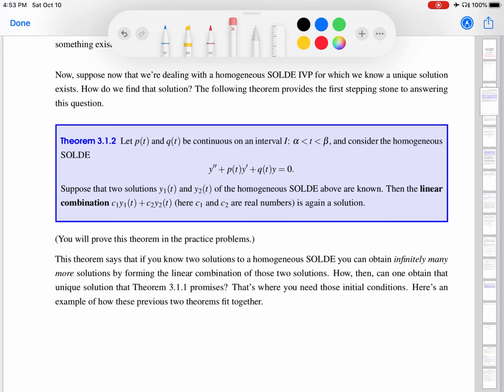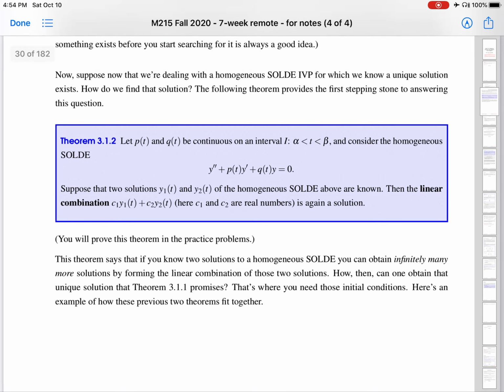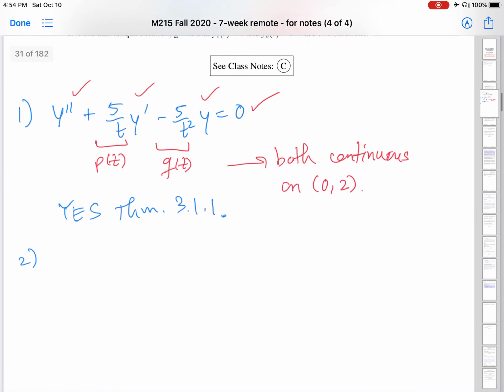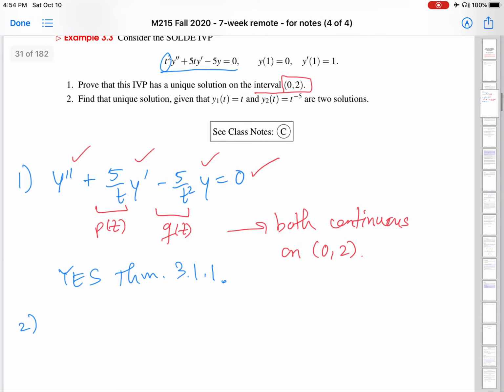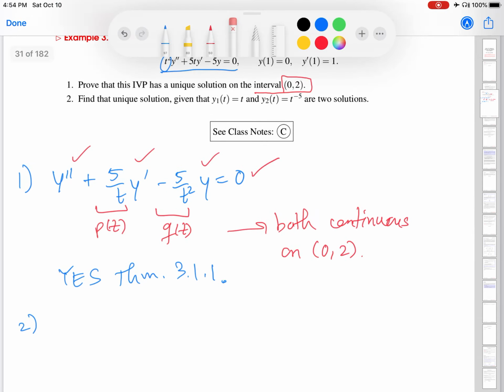Great, so I'm going to apply that theorem now to this example. Scrolling back down, looking at what's given to us, we have two solutions: y1 equals t, and y2 equals t to the minus 5.